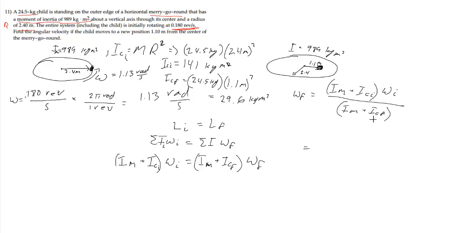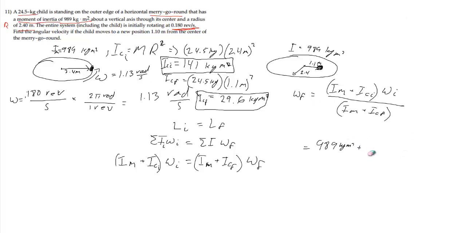All right, so plugging in here, we've got I_M initial, which is just 989 kilograms meters squared, plus the initial I of the child, which is this 141. Sorry, excuse me, this is 141, this is the initial.